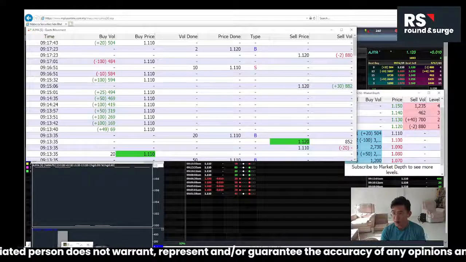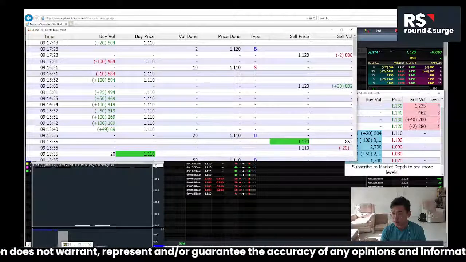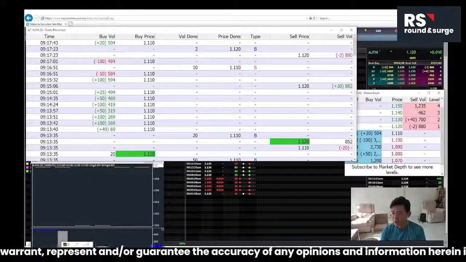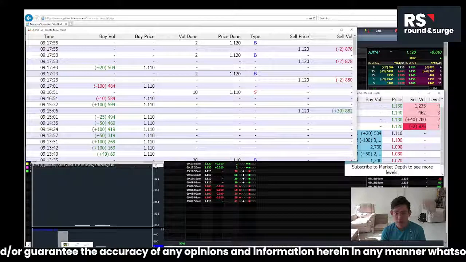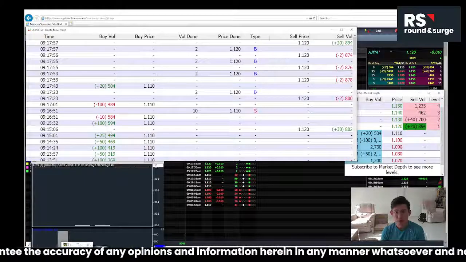Added 20 lots at 504. Two lots again, two lots again, two lots again.